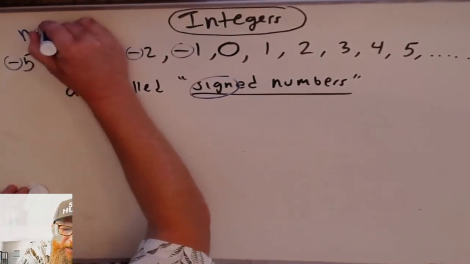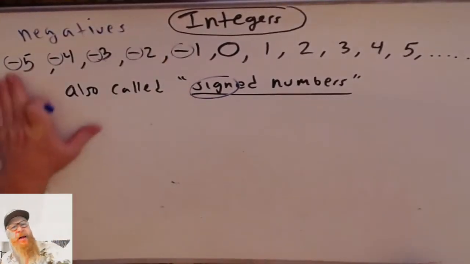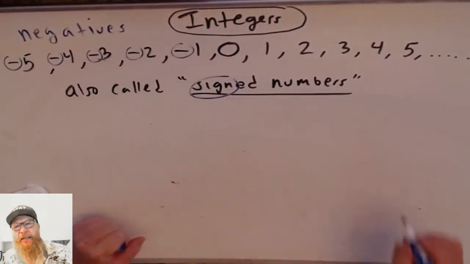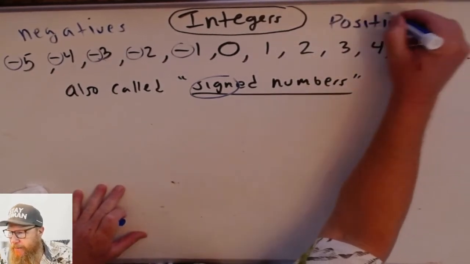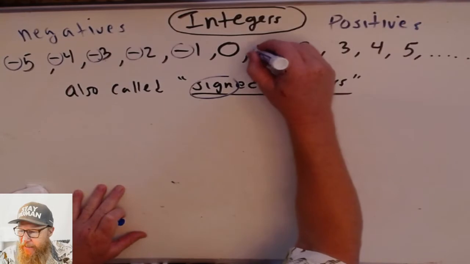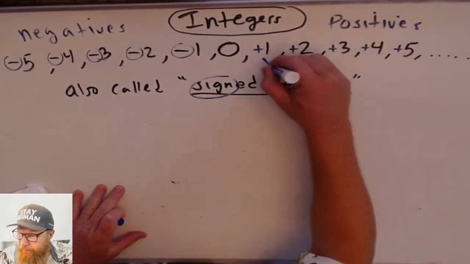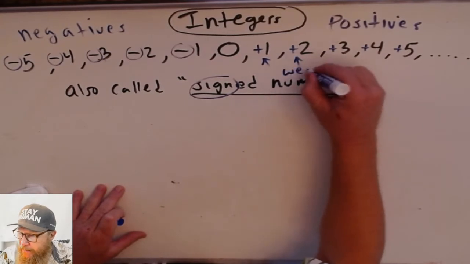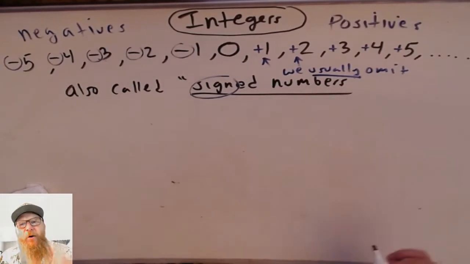So these are called the negatives, because they all have a negative sign. And then these numbers are called the positives. It's like there's an invisible plus sign here. We usually omit, not always, but we usually omit the plus sign.